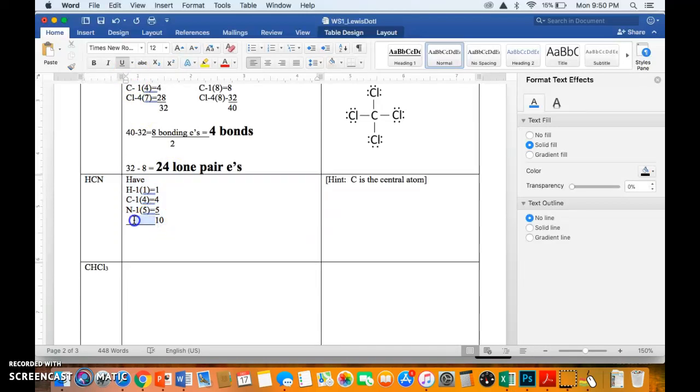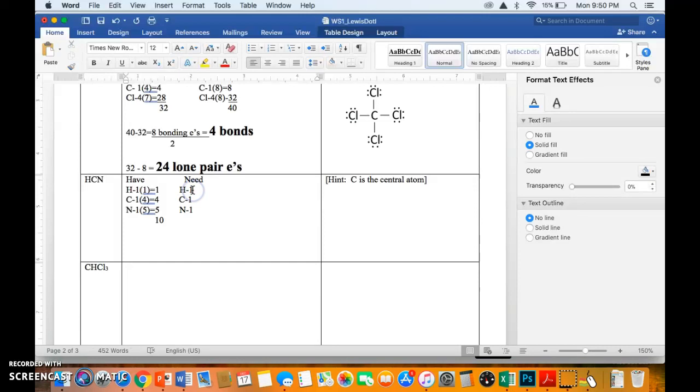Okay? There's step 1. I go on to step 2. And this is going to get faster and hopefully easier for you. Step 2 is my need. I again list my elements. Hydrogen, I have 1. Carbon, I have 1. And nitrogen, I have 1. How many does every element need?